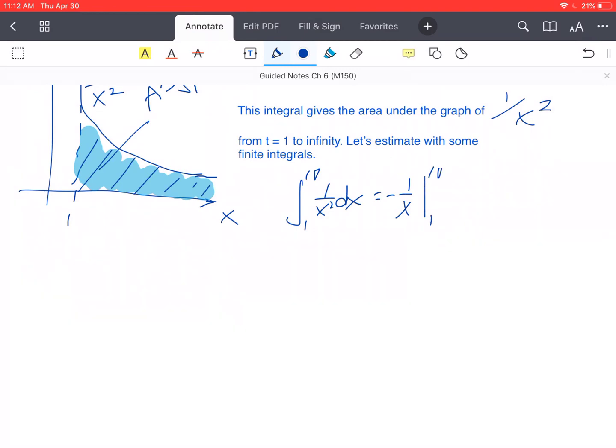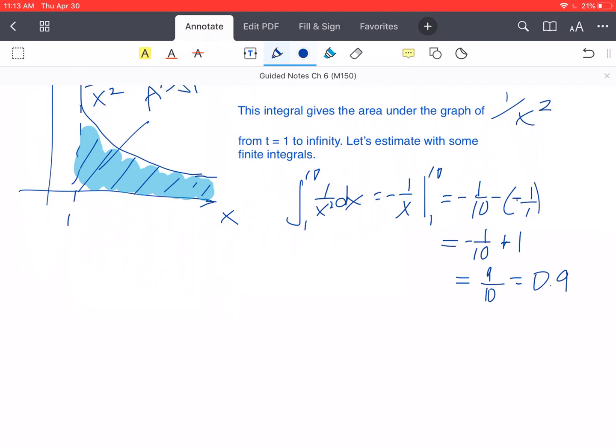Evaluated from 1 to 10, that's negative 1 over 10 minus negative 1 over 1. So that's negative 1/10 plus 1, so 9/10, which as a decimal is just 0.9. By itself that doesn't really give us much, so let's do another one.